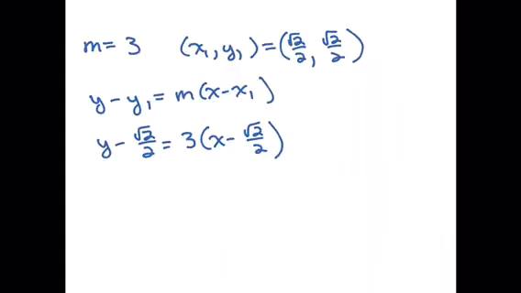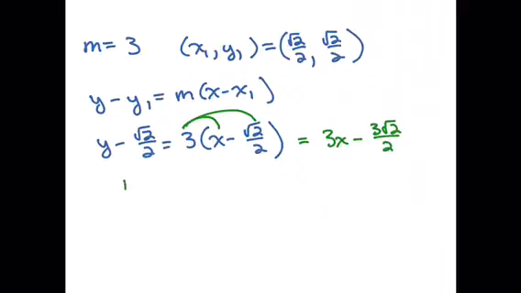If we choose to go a step further and find the equation in slope-intercept form, I'll have to distribute my 3, which gives me 3x minus 3 times square root of 2 over 2.